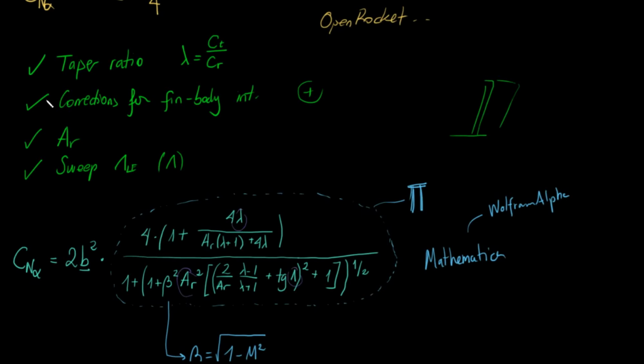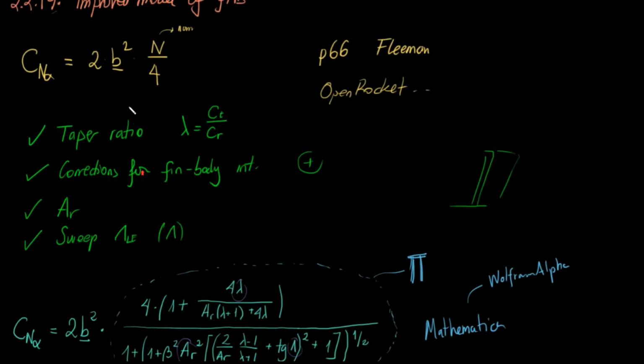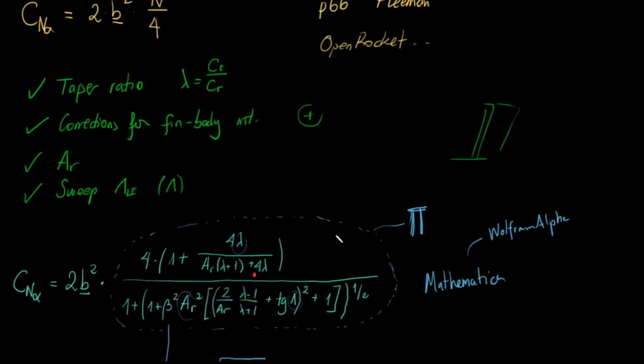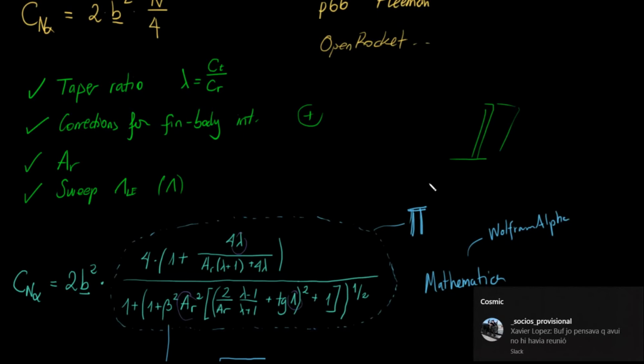That's true, but the fin body interaction is gonna increase the CN alpha. So the overall effect could be an increase or a decrease. And also for very small aspect ratios like 1, this kind of underpredicts. So that's why we have correction factors.